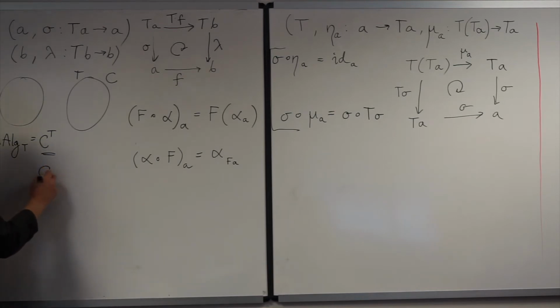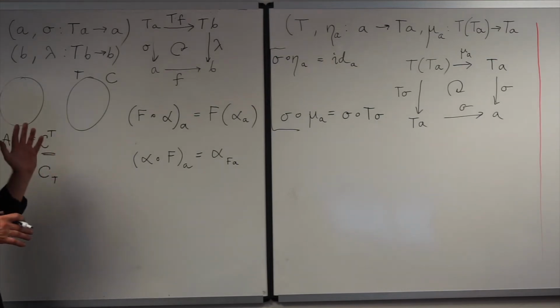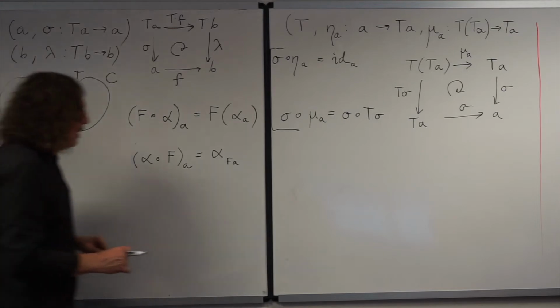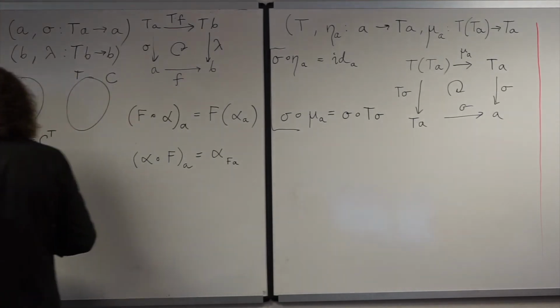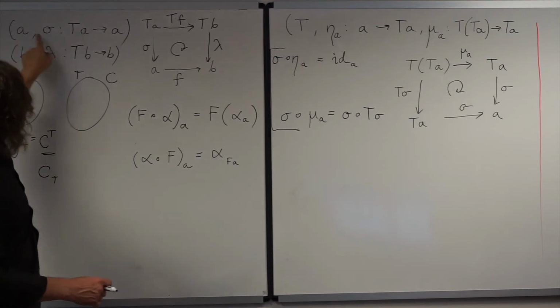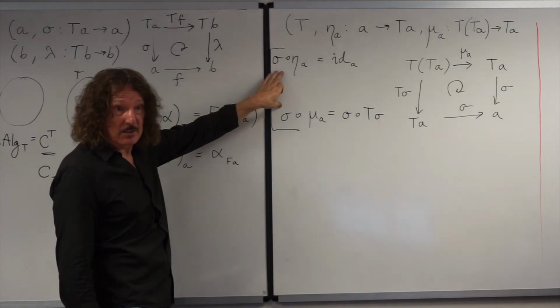There is also C subscript T, which is the other one that generates the monad through adjunction, which is the Kleisli category. So if you see these things, this is the mathematical notation. This is Eilenberg-Moore, this is Kleisli. But I'll talk about Eilenberg-Moore, okay? So this is a category which has as objects these algebras with these coherence conditions.